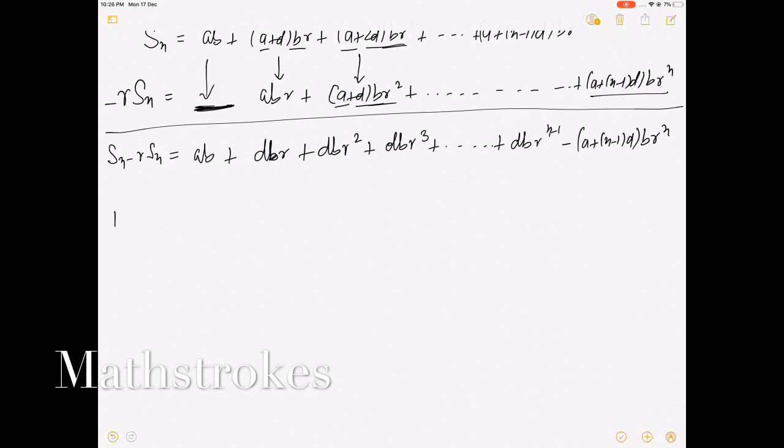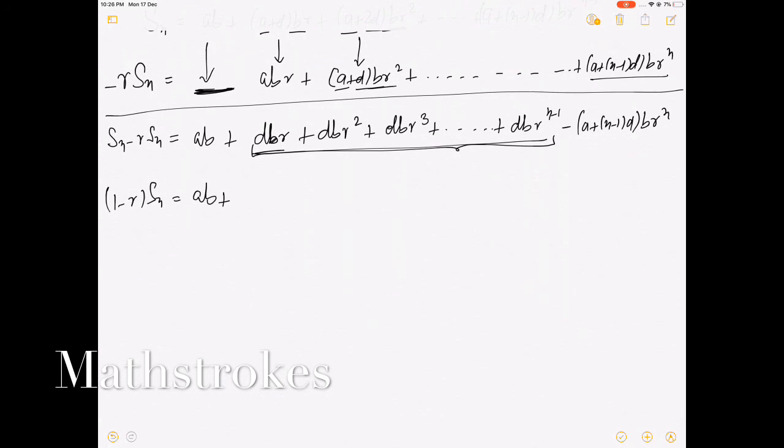So 1 minus r into Sn is equal to ab plus dbr, taken common from this part of the series. What's left is 1 plus r square plus r cube, up to r to the power n minus 2, minus a plus n minus 1 d br to the power n.